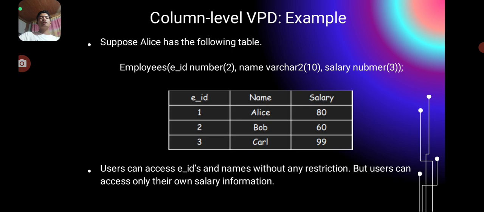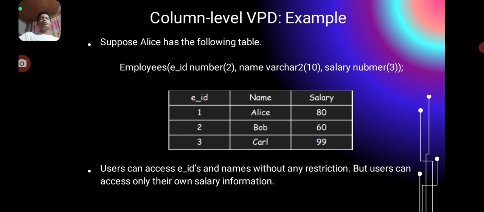So there are three table rows. The first row is number 1, whose name is Alice, and her salary is 80. Next is Bob, with a salary of 60, and Carl, with a salary of 99.